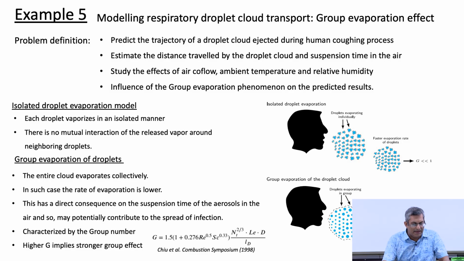So here, as I said, what is the problem definition? Here we have to predict the trajectory of a droplet cloud ejected during the human coughing process. We have chosen the coughing process because the sneezing process is more complex, because that involves atomization of the saliva even outside the mouth. So we don't want those complexities.